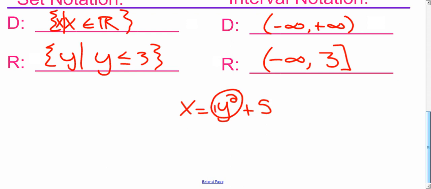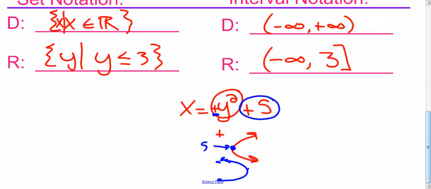If this number right here is positive, it will go to the right. If this number right here is negative, it will move to the left. This number tells you basically the x value that it happens at. So this right here would be 5, and this right here would be 5, and they should be lined up.